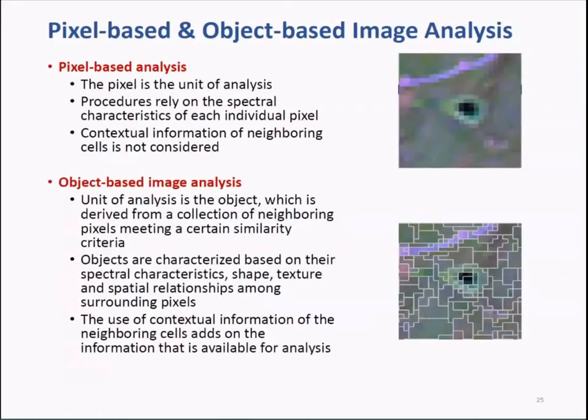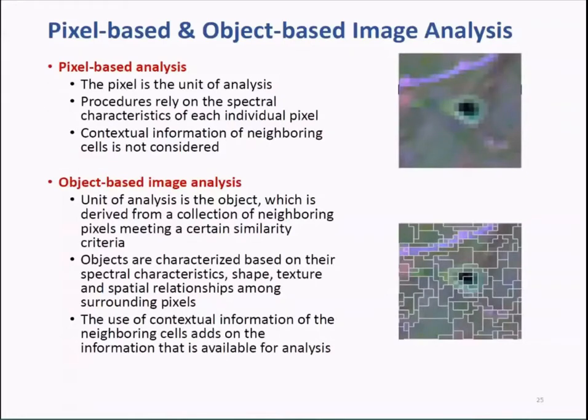This is the traditional method of carrying out remote sensing analysis. However, the disadvantage is that you lose contextual information. For example, if there was a single pixel that was water, you lose the information on what is neighboring this water. So there's a second method of carrying out image analysis, called object-based image analysis.